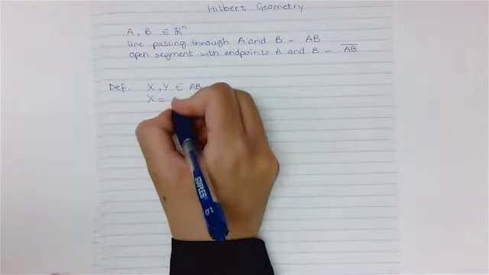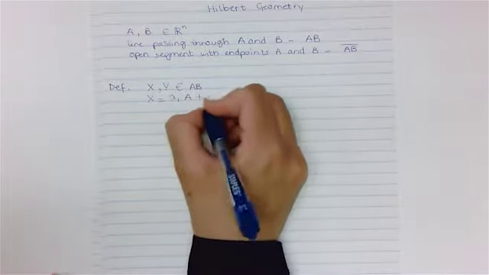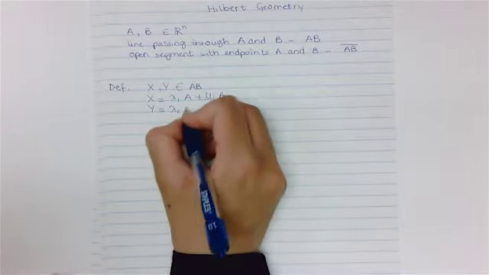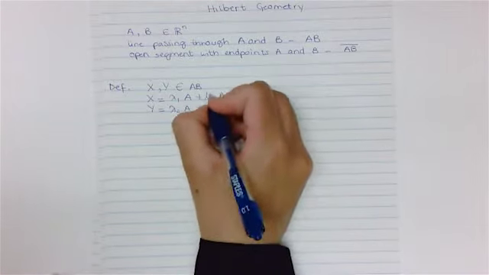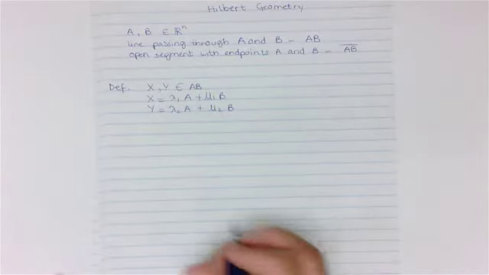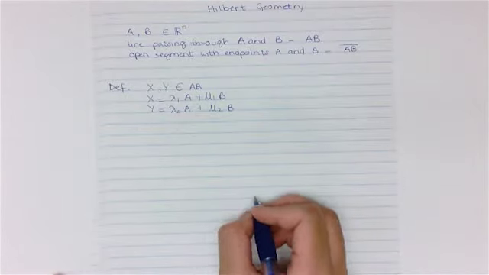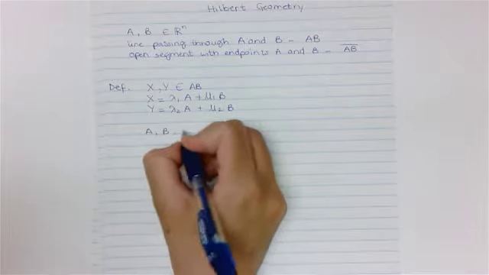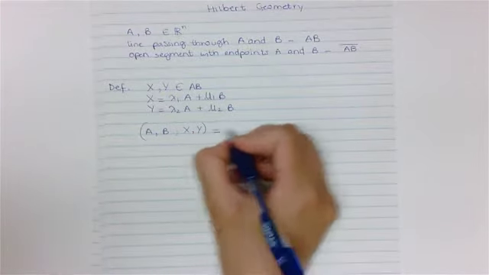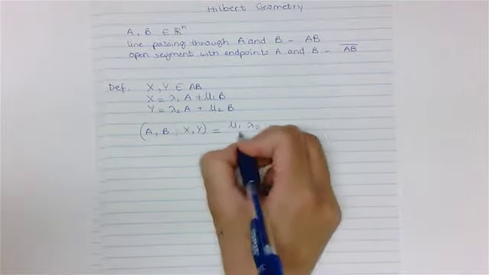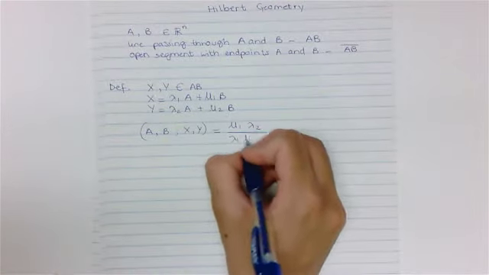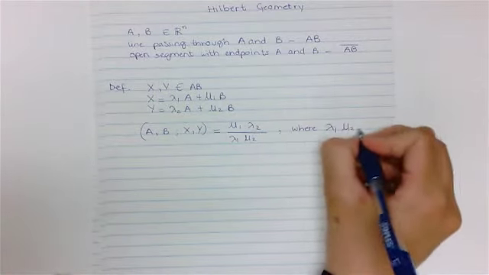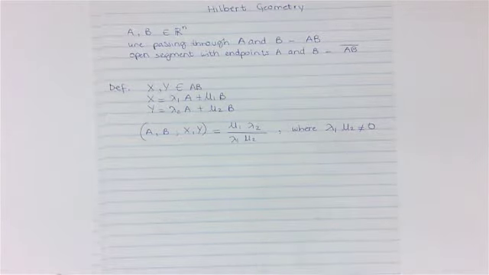So X can be expressed as lambda 1 A plus mu 1 B, and Y can be expressed as lambda 2 A plus mu 2 B. So, the cross ratio of A, B, X, and Y is given by mu 1 times lambda 2 over lambda 1 times mu 2, where the denominator cannot equal 0.